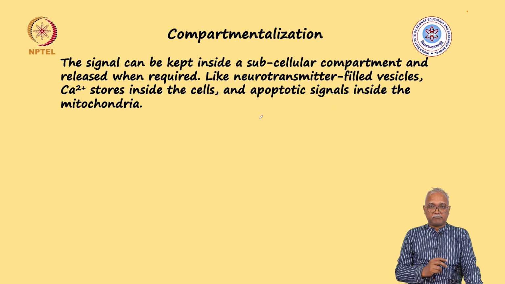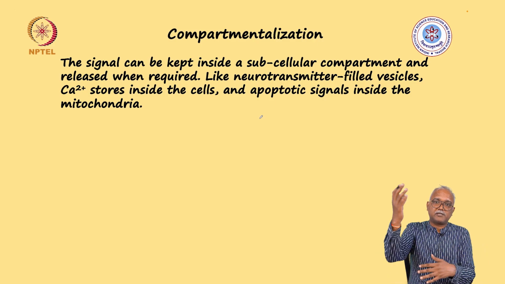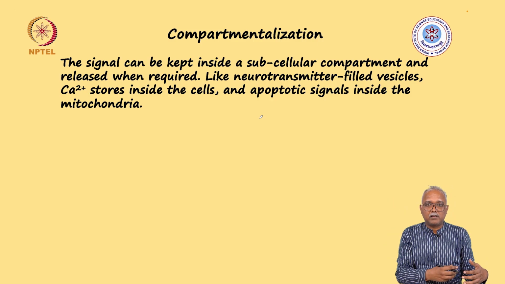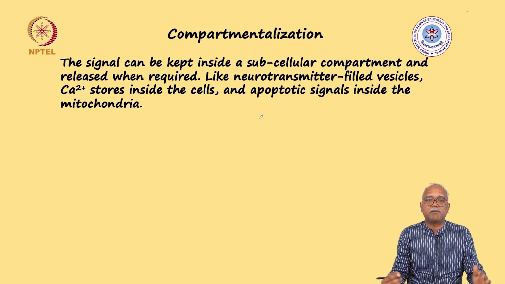Then there is a thing which is called compartmentalization. What you understand from compartmentalization is that you need receptor and signal together to do the signaling. If you just segregate them, put them in different compartments, in some sense you can say that the receptor is membrane bound. If you keep the signal in the cytosol, there will be no signaling, or if it is not available in the extracellular environment, there will be no signaling.